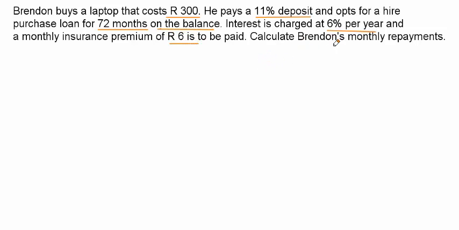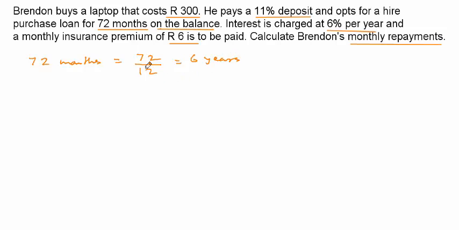Calculate Brandon's monthly repayments. Our first job is to change the 72 months to a certain number of years because the interest is given as 6% per year. 72 months is equal to 72 divided by 12. There are 12 months in a year, which is equal to 6 years.